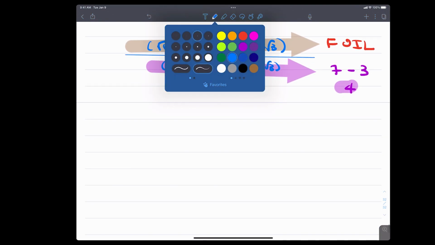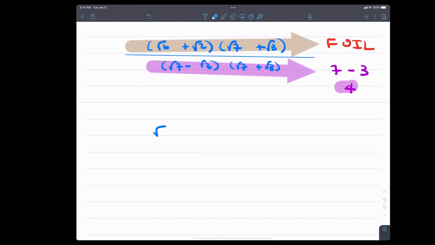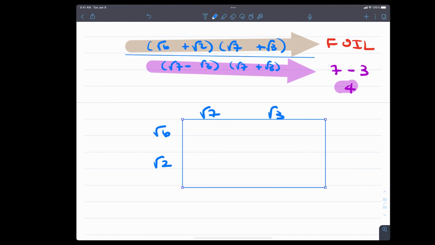So we get out a nice foil box. Square root of 6, square root of 2, square root of 7, square root of 3 now. All right, ladies and gentlemen, here we go. What is the square root of 6 times square root of 7?